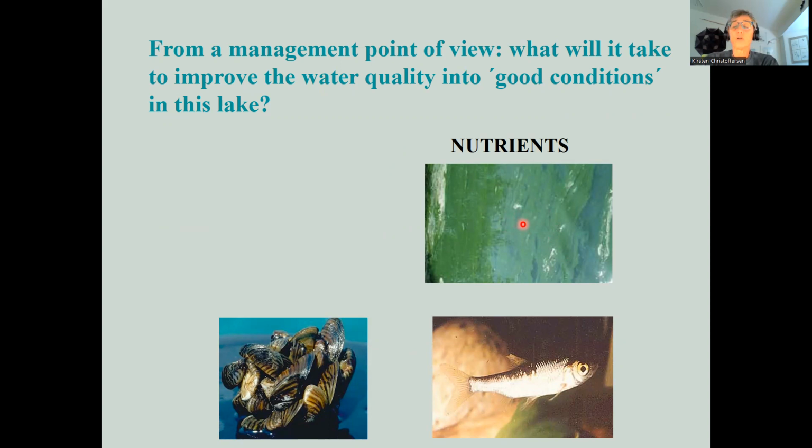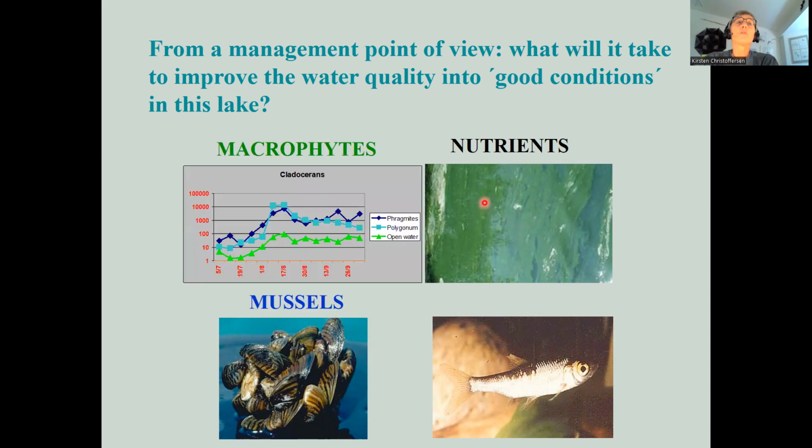In the sediment, there are a lot of nutrients. How can they be restored back? And then we could also look at the macrophytes. Would it be possible to use macrophytes for a restoration plan? All these things, including the fish, could be part of a restoration plan for this lake. And that's what we want you to try to think about and come up with a good suggestion for.